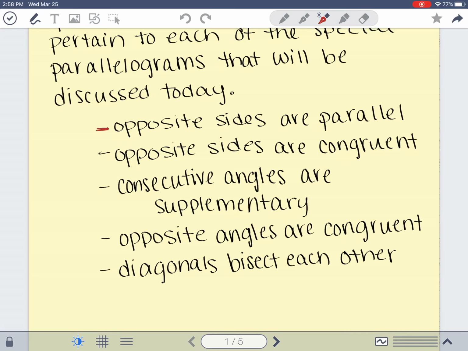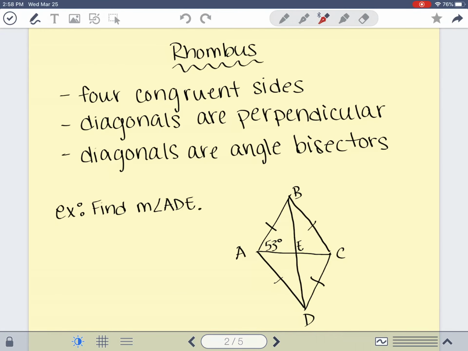So for each of them, the opposite sides are parallel, opposite sides are congruent, consecutive angles are supplementary, opposite angles are congruent, and the diagonals bisect each other. Each of the three figures that we are talking about today are just special types of parallelograms, so they do have those same properties.